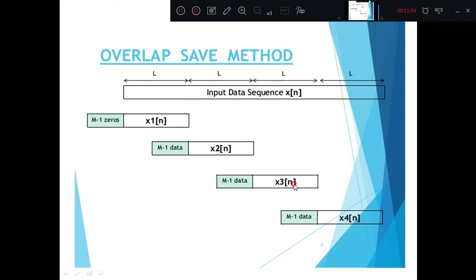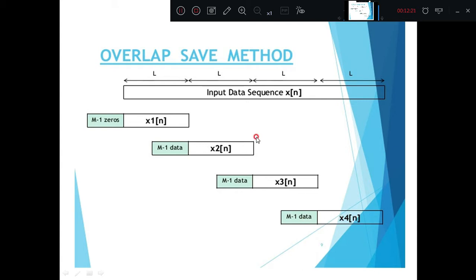For example, for this x3 of n, you have to add m minus 1 number of samples from the previous data. Previous data is x2 of n. The last m minus 1 samples you have to add at the beginning of x3 of n. Similarly, the last m minus 1 samples from x3 of n you have to add to x4 of n at the beginning.